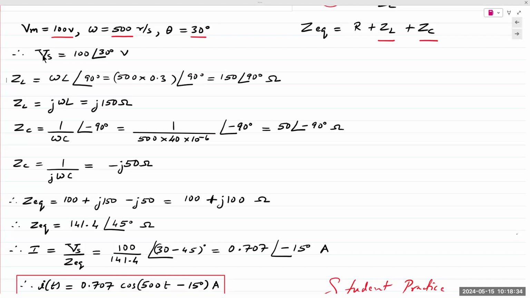Now we want to find the individual quantities for ZL and ZC. As equations go, you simply take the equations, plug in the values, and you find the answers. I'll explain what I have done here. Goes back to my calculator being old. I can perform polar to rectangular and rectangular to polar conversions, but I cannot program equations directly in there.